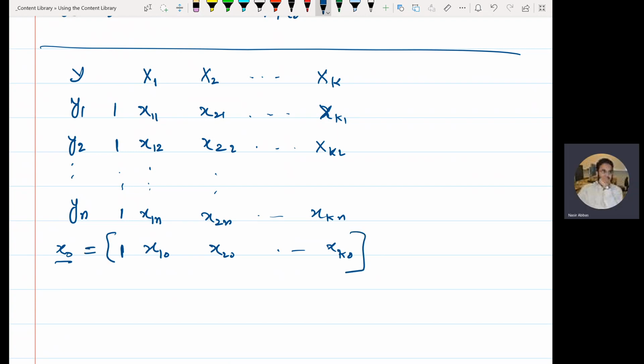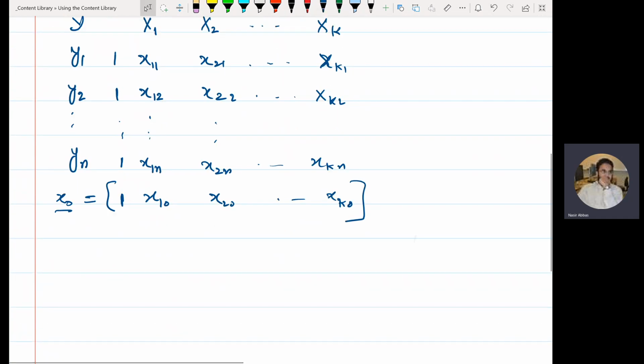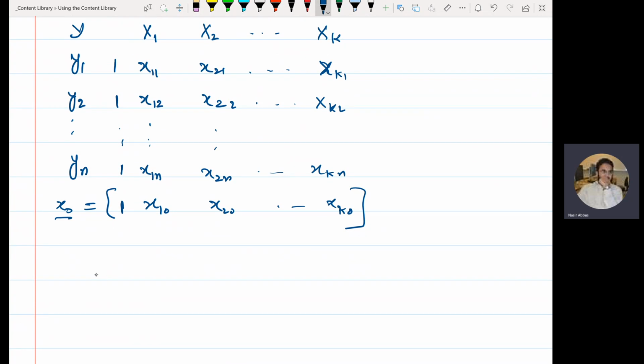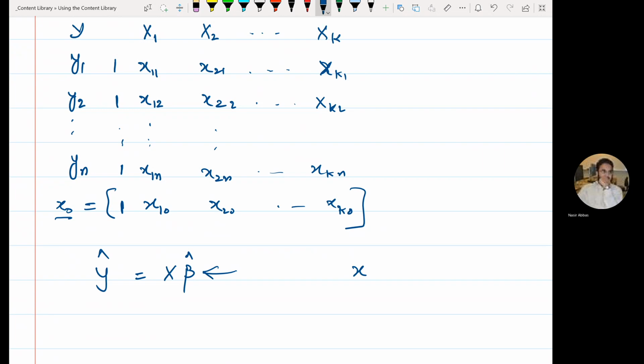Clear? Now, if you want to predict, you should simply put this X naught into this equation: Y hat equals X beta hat. Just put it in and you'll get the predicted value.